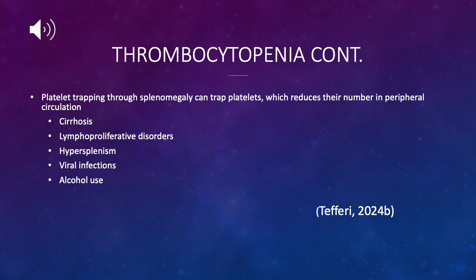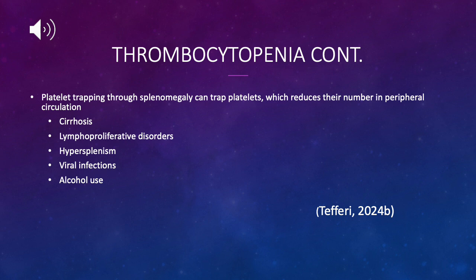And so if you end up with an enlarged spleen, or splenomegaly, essentially that spleen can hold on and trap those platelets as they flow through, which reduces the number in peripheral circulation.